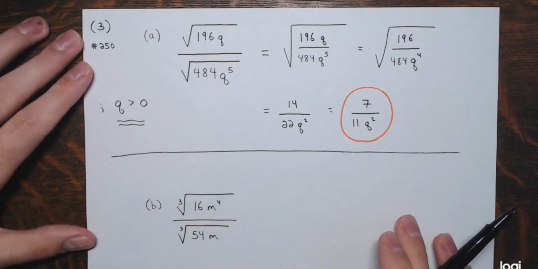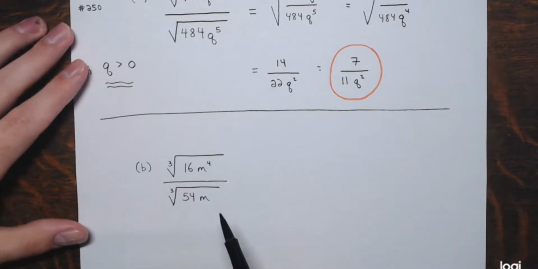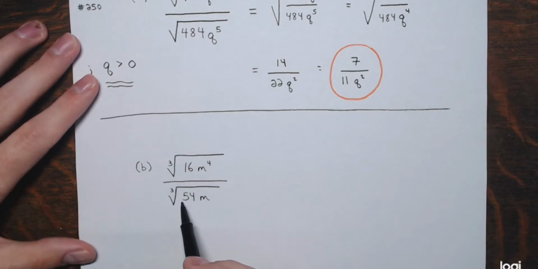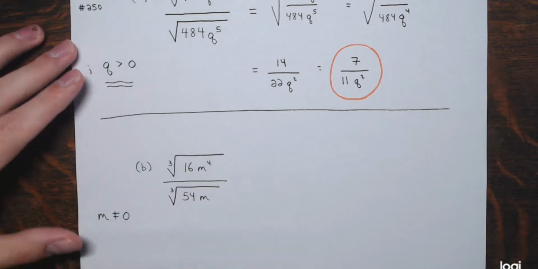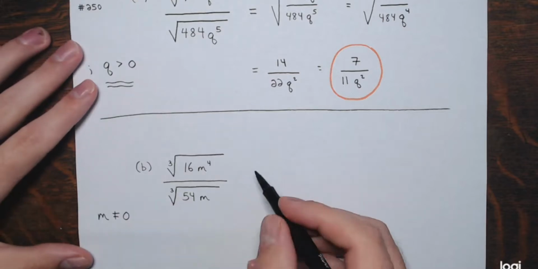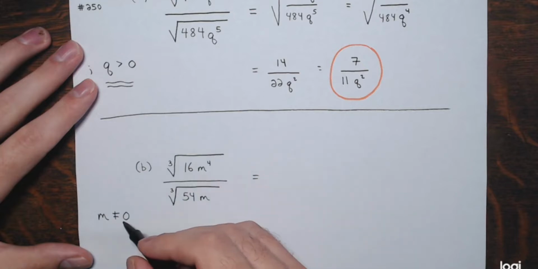All right, part B. Cube roots. Again, the only value that the variable can't be is 0, because that will make you divide by 0. So m can't be 0, but it can be anything else, right? m can be a positive number, it can be replaced by a negative number, and you're fine. So once again, as long as m is not 0, these will be real numbers.